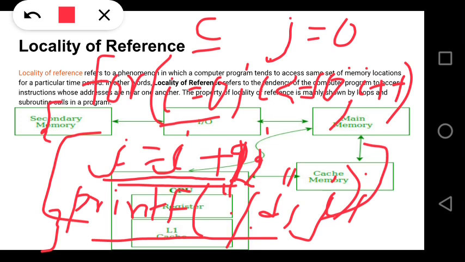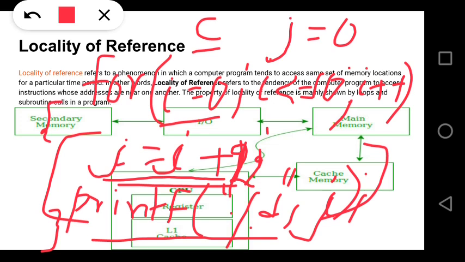So there is a requirement to store those instructions in such a way that the memory should be fast and it should be near to the processor. The goal is to reduce the execution time of the instructions.